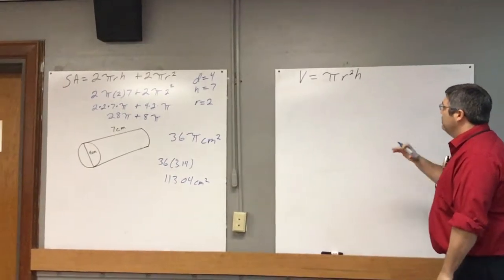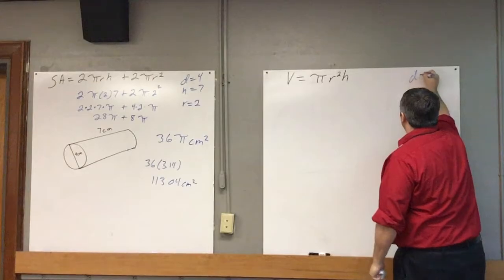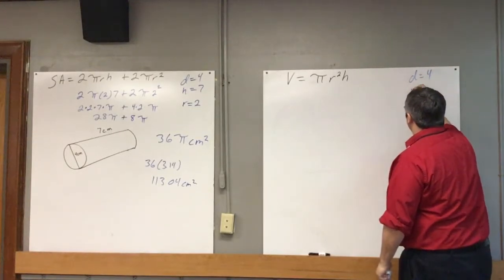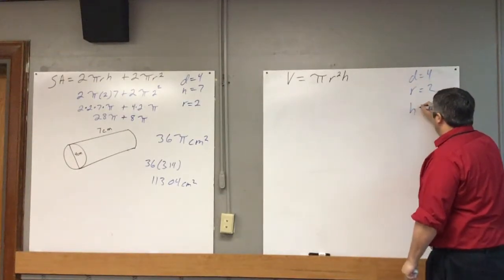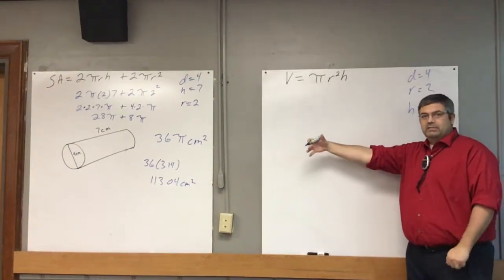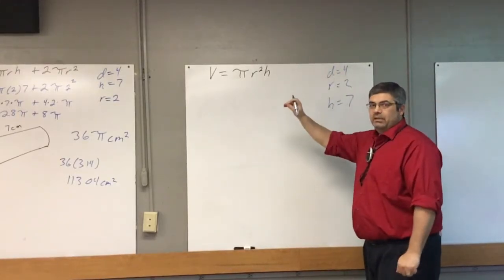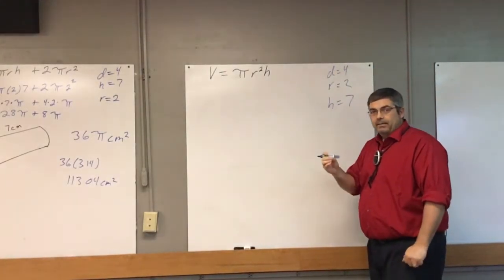All right, so volume equals pi r squared h. I know that the diameter is 4, the radius is 2, and the height is 7, using the same numbers from the surface area that we just did. We're going to substitute it in, and we're going to leave it in terms of pi.